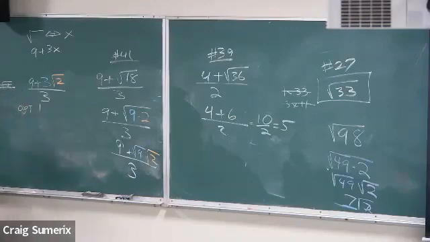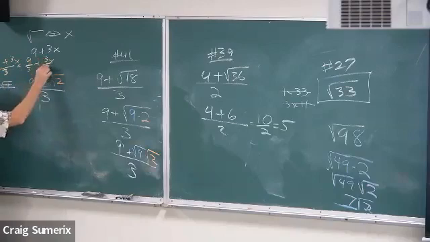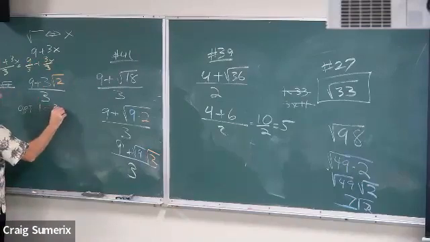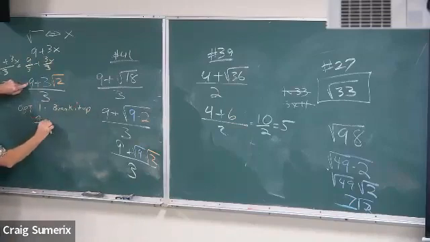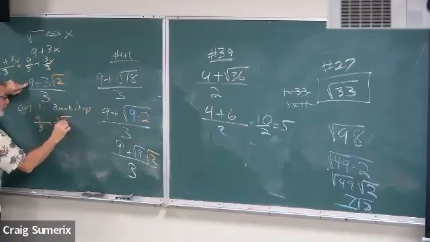We did this before, long ago, I think. Back in chapter 5, if you had 9 plus 3x over 3, we could break it into 2 different fractions, couldn't we? If you have a single thing on the bottom, you can break it up into 2 fractions. 9 over 3 plus 3 times square root of 2 over 3.